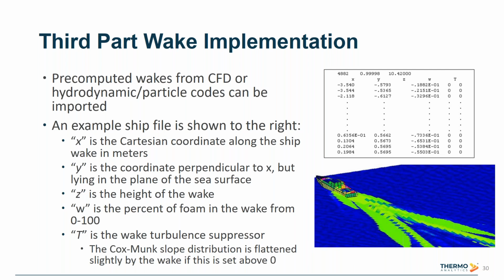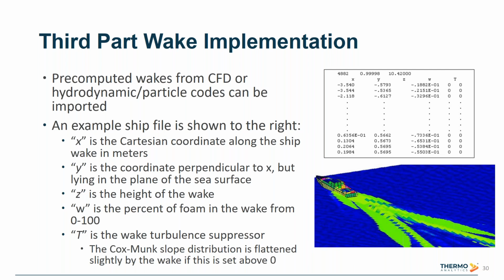import a third-party wake. These are pre-computed wakes from CFD or different hydrodynamic particle codes. An example ship file is shown to the right with different options. The X is the Cartesian coordinate along the ship in meters. Y would be the coordinate perpendicular to X, but lying in the plane of the sea surface.